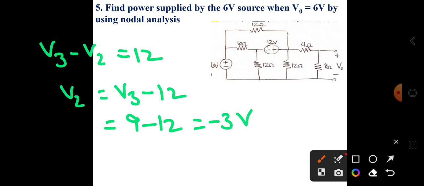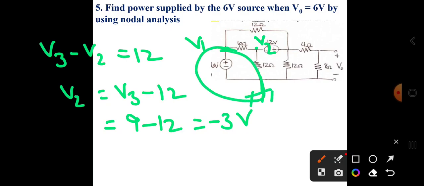That means I got V2. Next, for V1, the voltage source is connected directly between the node and ground. So you can write node voltage is equal to ground voltage, that is V1 is equal to 6 volts only.